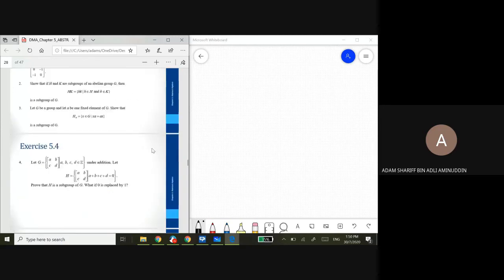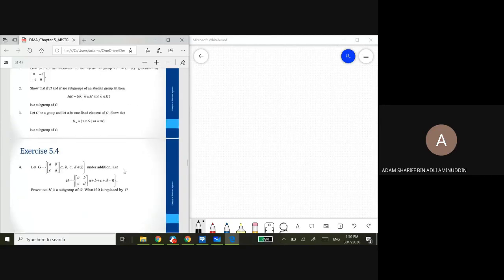Naresh asked me, can I give an example for a matrix question? Sure, why not. There is a question here, Exercise 5.4. Prove that H is a subgroup of G. If you know how to process the idea of producing the elements of H, then you can do this.